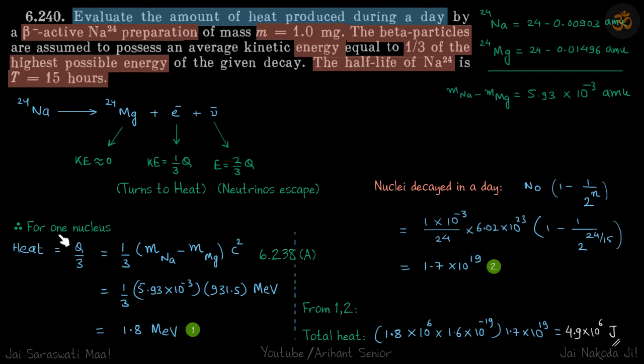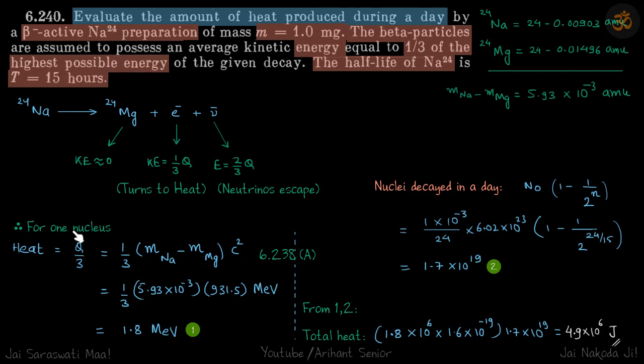So let's find it for one nucleus, because it is also given that this Na24 is 1 milligram, and we need to find how much heat is produced in one day if the half-life is 15 hours. That information will give us how many nuclei are decayed.